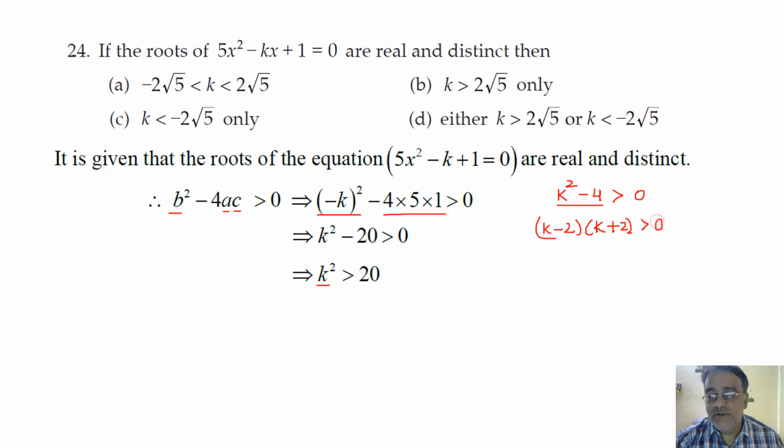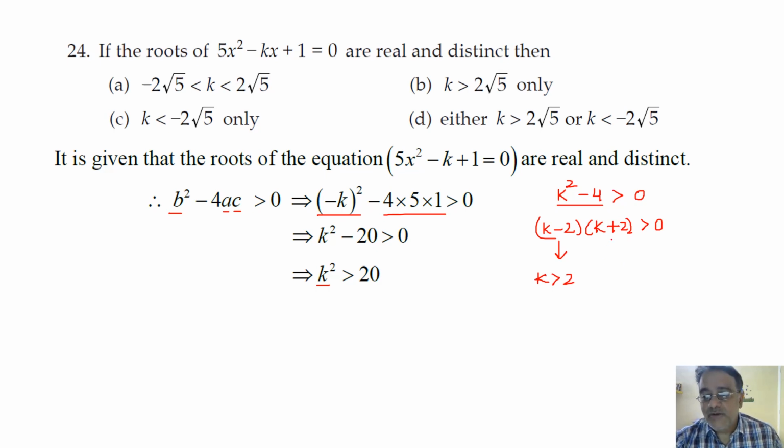So we have to find the value of K such that the product should be greater than 0. So first condition I am getting K is greater than 2. Now K is greater than 2, check one value, nearest value 3, whether it is satisfying. 3 minus 2, 3 plus 2, satisfying.